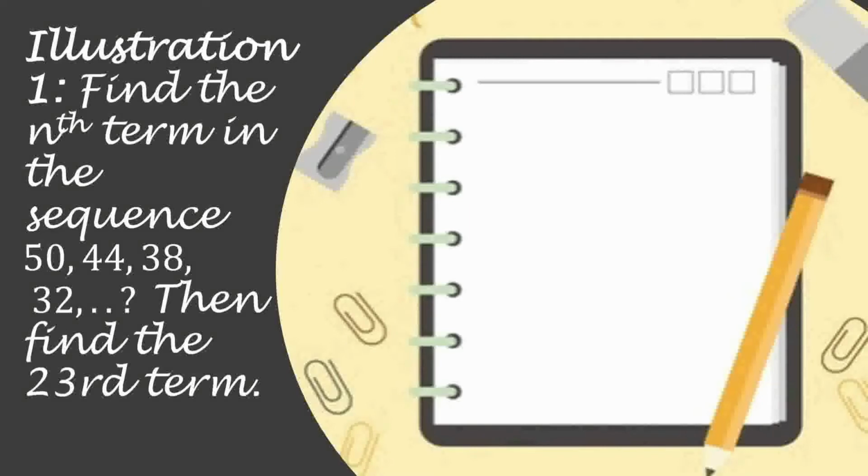So una, hanapin muna natin yung nth term using the formula a sub n is equal to a sub 1 plus n minus 1 times d, where a sub 1 ito yung first term, d is yung common difference. So a sub 1 is 50.